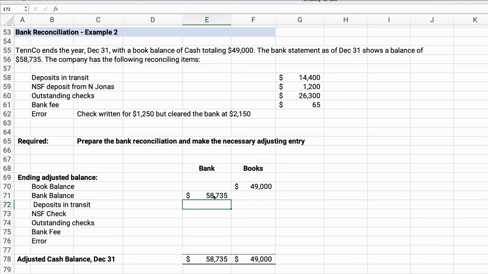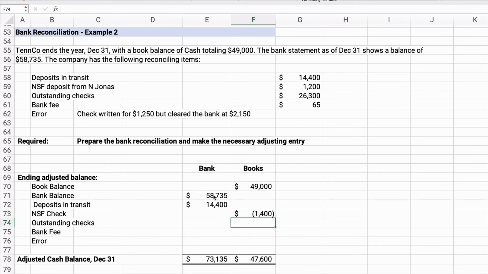They have not cleared the bank in the amount of $14,400. That will be a positive increase in the bank balance. The NSF check, we received a check from N. Jonas, and we're going to subtract out $1,400. That check did not clear.